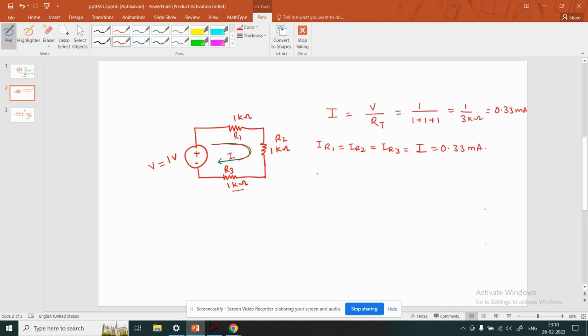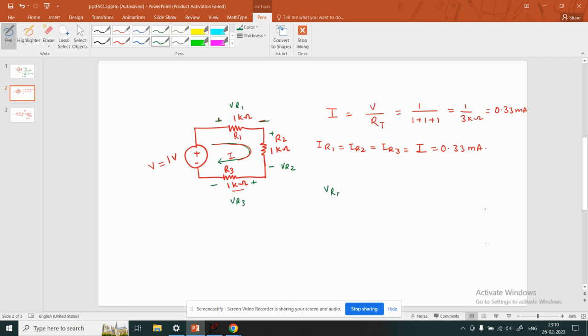If you want to calculate the voltage drop across each of these resistors, let's say the voltage drop across R1 is VR1, the voltage drop across R2 will be VR2, and the voltage drop across R3 will be VR3.